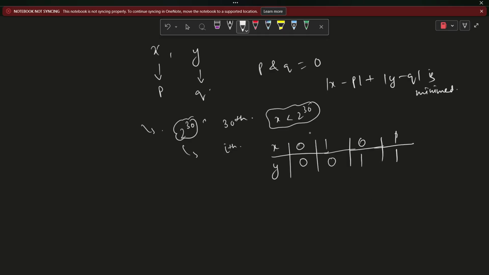In the first three cases we don't have to do anything. For this last case only, we have to fix it, because the AND is going to be non-zero.